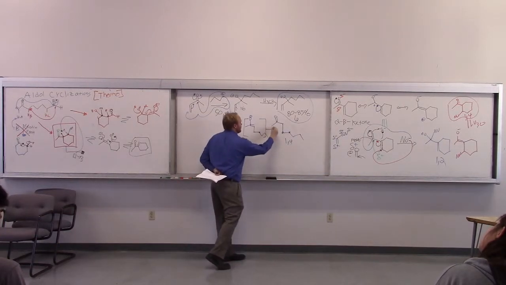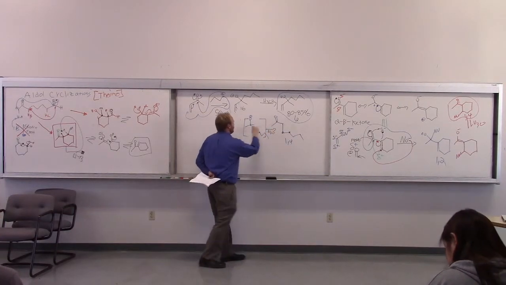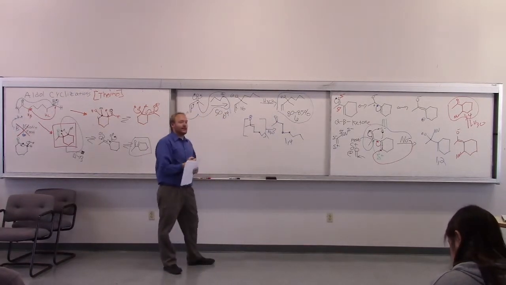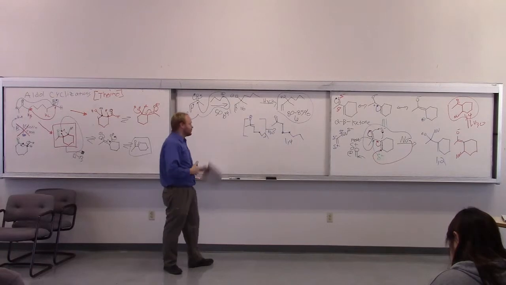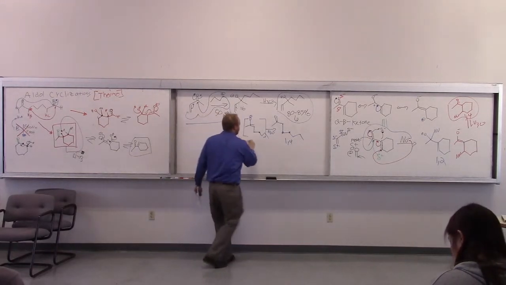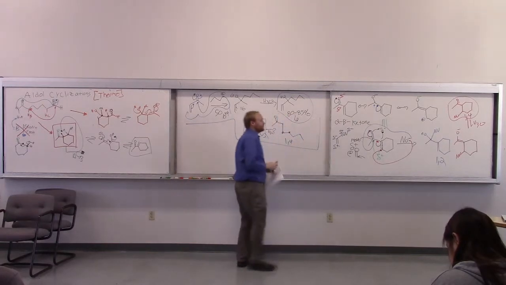And then when we quench it with H3O, the enolate can go to the carbonyl. So when you add 1,4, you get an enolate, which you then quench in your reaction. Okay?